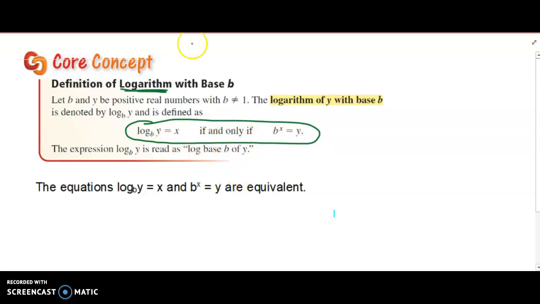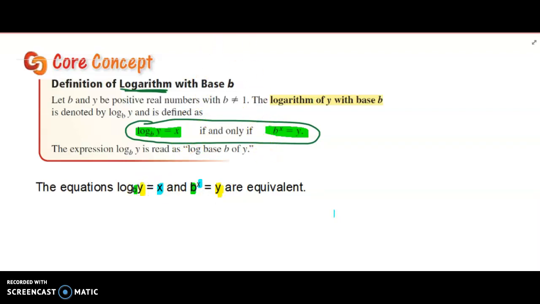Know that this here is the same thing as this here, just written differently. These are equivalents, so the b and the b, the y and the y, and the x are all the same in these two things. Here's my b, here's my x, and here's my y. Let's do an example.